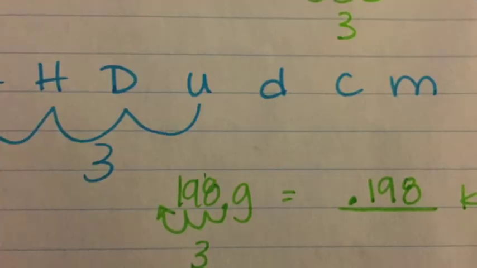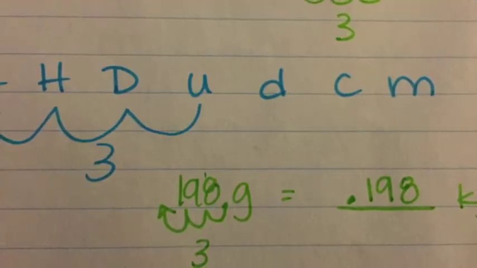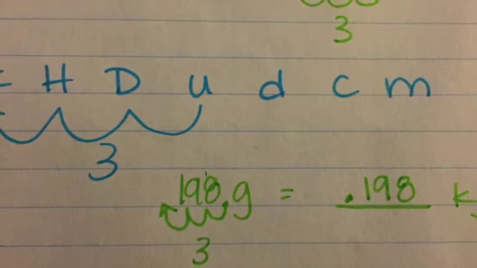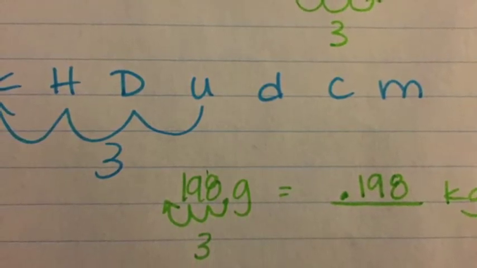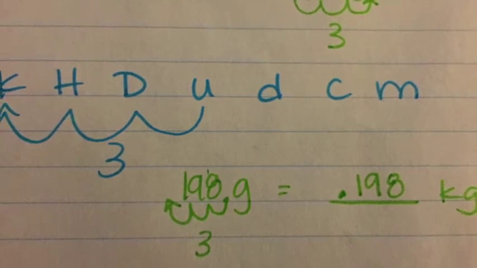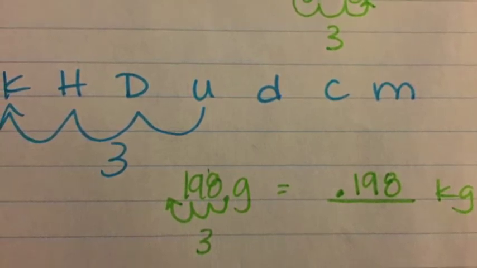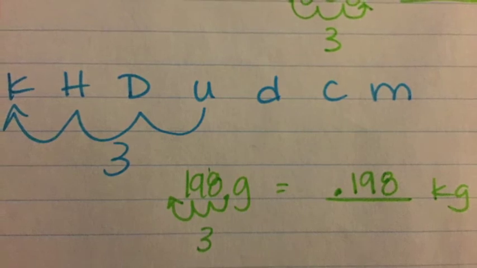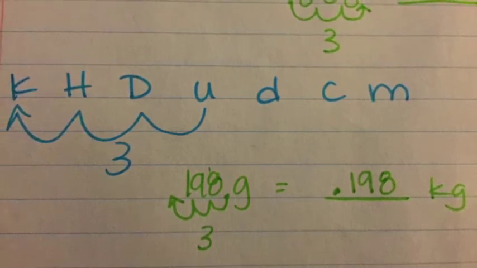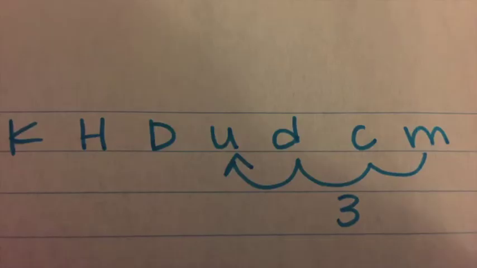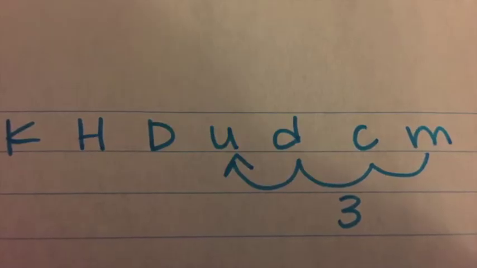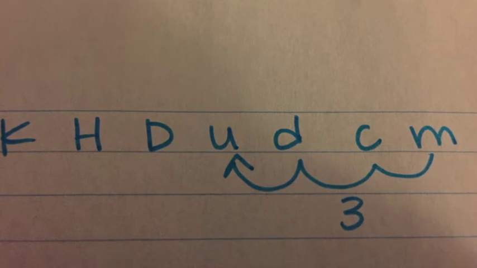So with our number 198, our decimal goes at the end, so 198 period, and our decimal place is going to move to the left 3 spaces. So it moves all the way to right in front of the 1. So we get 0.198 kilograms.